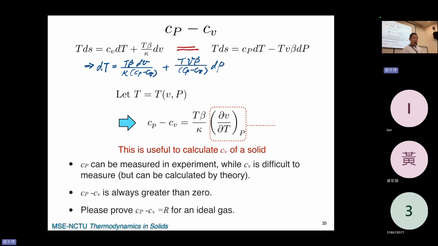Okay, by connecting them with an equal sign, you will have this one.